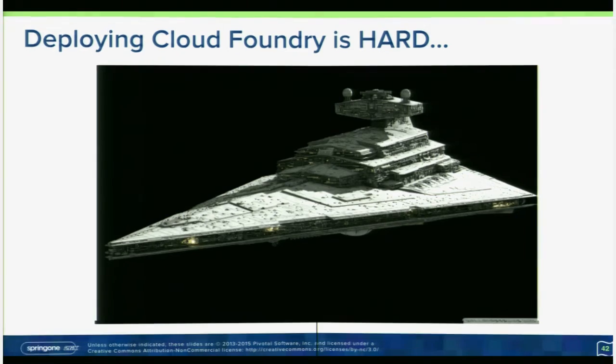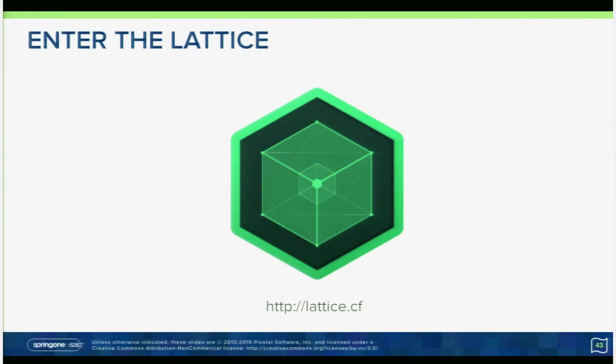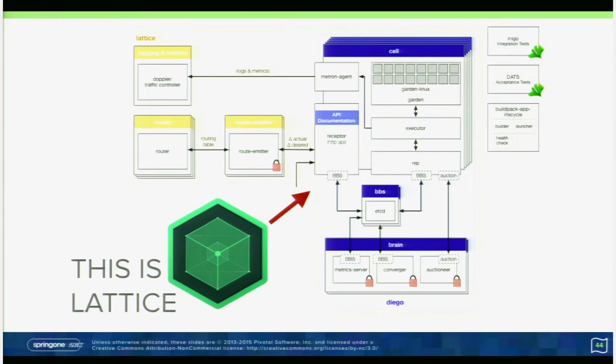And so this is where we finally get to the thing 40 minutes in that we came to talk about, which is Lattice. And so this is why Lattice was born. Okay, what is Lattice? Well, go back to that original diagram. Remember we had some blue stuff and some yellow stuff and some red stuff?